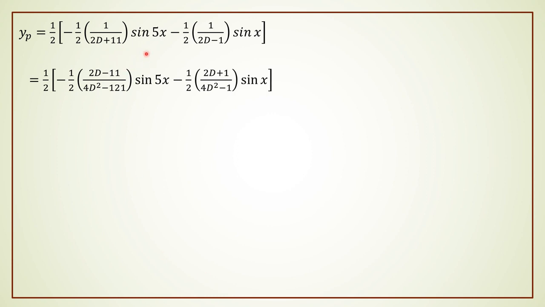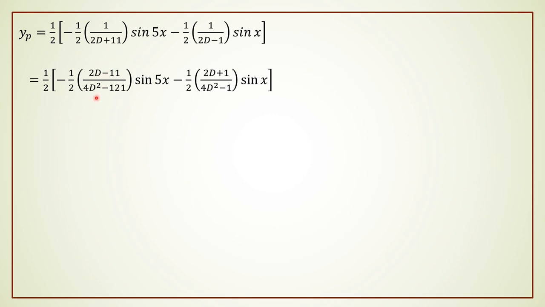And to the above equation, let me multiply and divide the first term by 2D − 11, and the second term by 2D + 1. When I multiply and divide by 2D − 11, the equation reduces to the form 1/2 into −1/2 (2D − 11). In the denominator you will have (2D − 11)(2D + 11), which is of the form (a + b)(a − b).